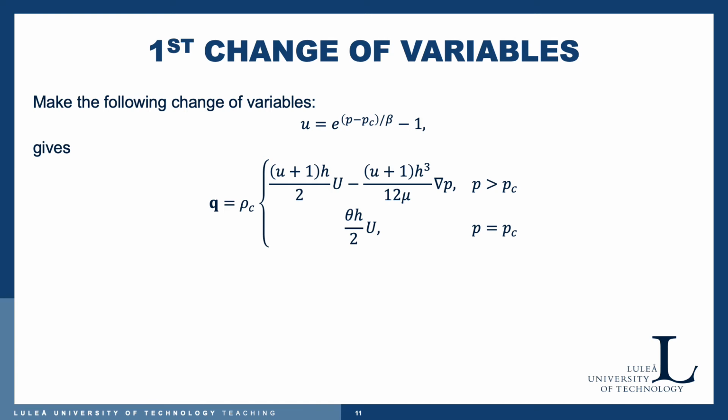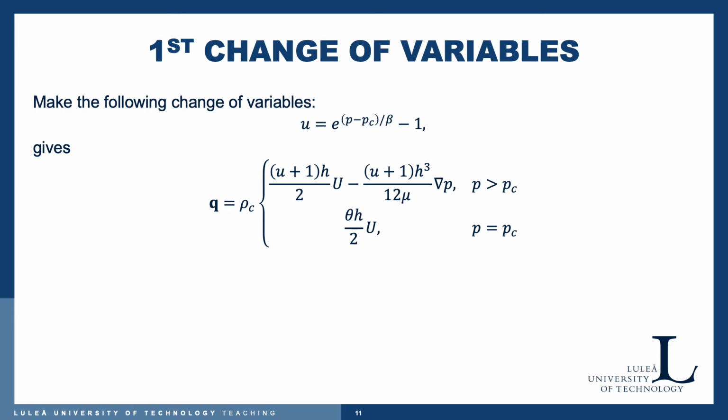Perhaps it doesn't look much simpler, but it will be very nice in a complementarity type of sense, as we now have made u larger than 0 and not theta larger than 1.